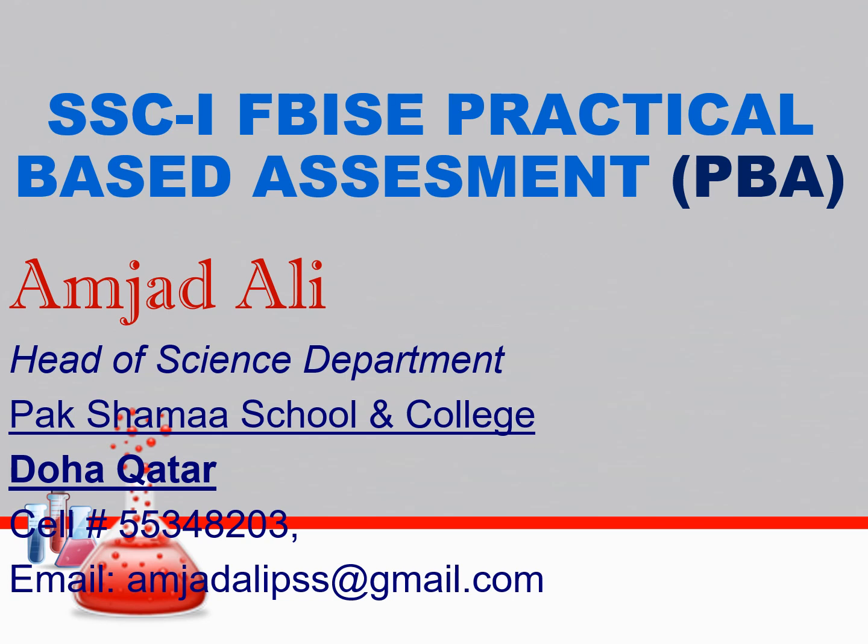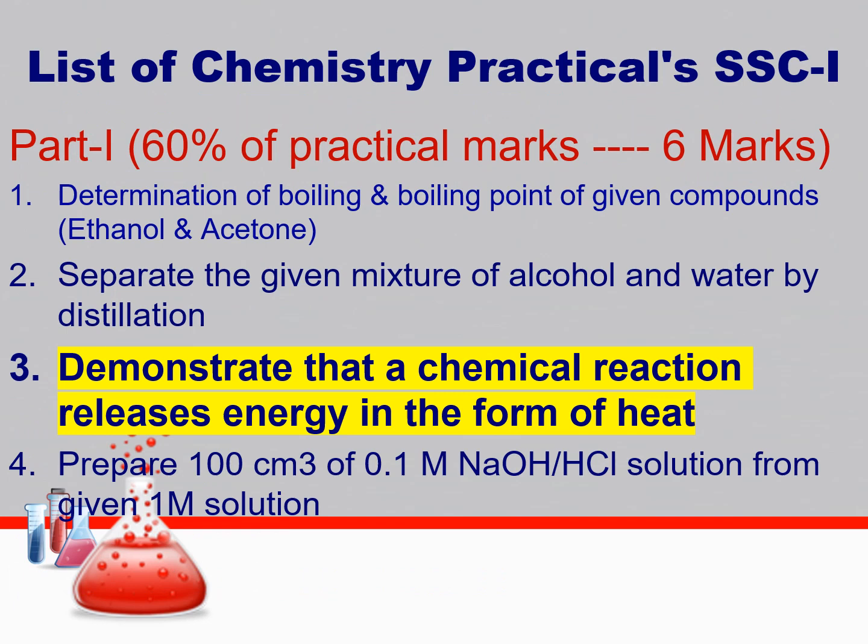We are discussing the 9th grade practical based assessment, and today I am going to explain experiment number 3, that is a major practical to demonstrate that a chemical reaction releases energy in the form of heat.